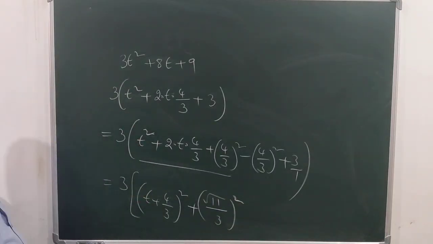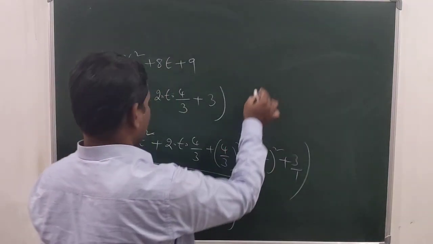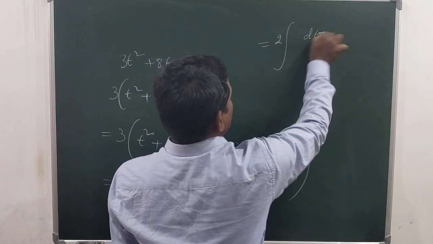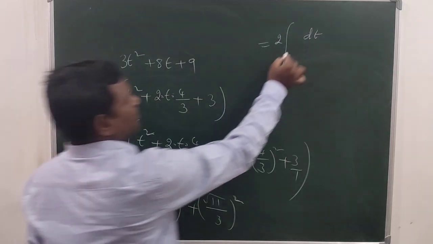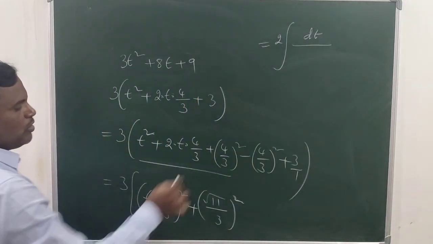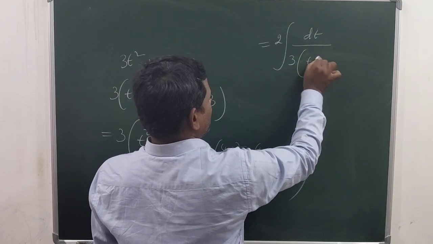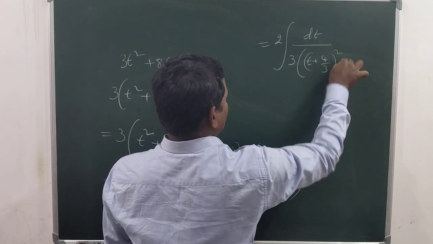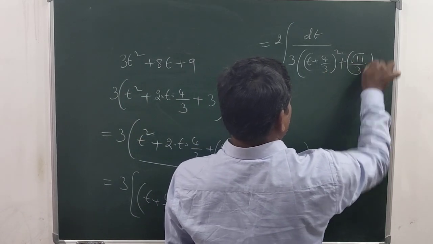Now go back and in the denominator write this value and integrate it. In the previous one there was 2, write the 2 outside, and in the denominator, this one you have to copy: 3 into t plus 4 by 3 whole square plus root 11 by 3 whole square.